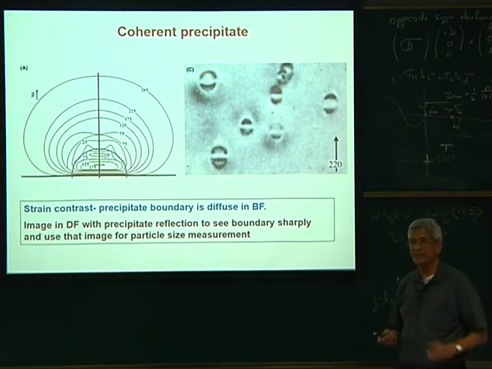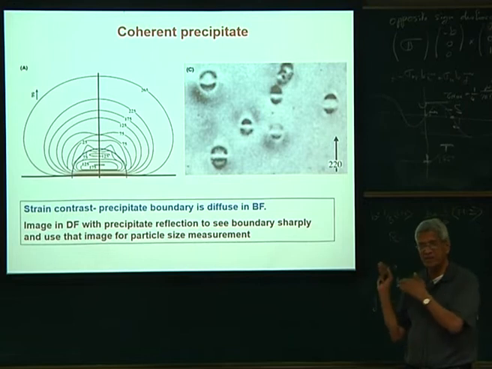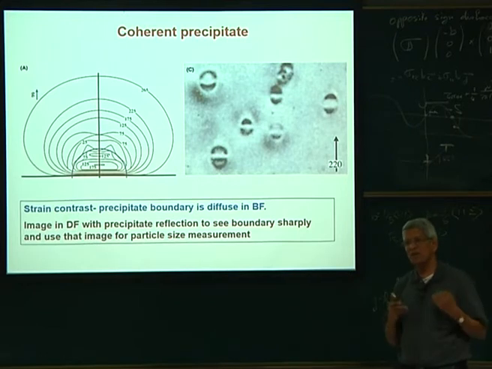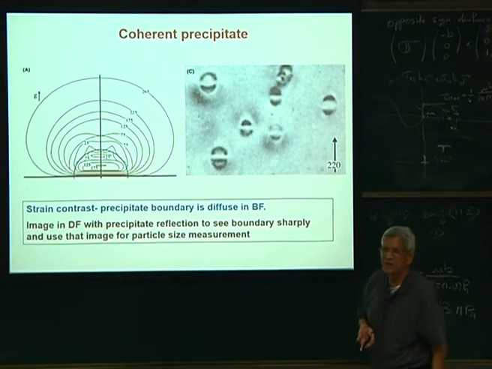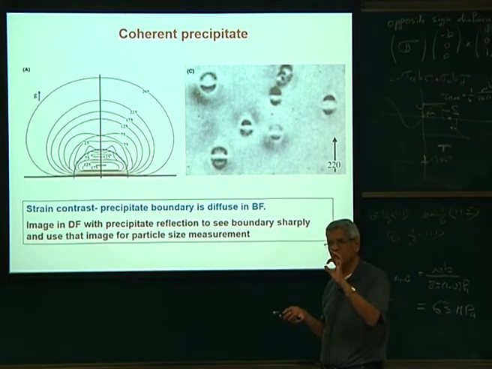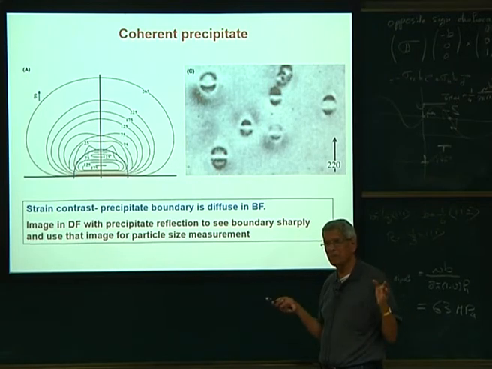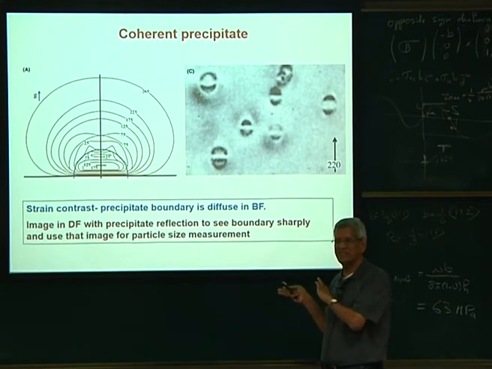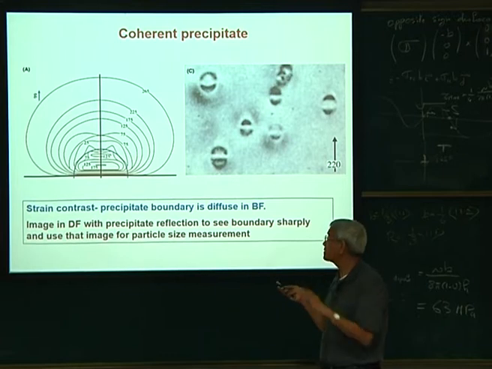It is like a coffee bean type of contrast. Yesterday, Fivel showed it for a loop. Here also you get the same type of contrast, because whenever a strain field is associated, whether with a circular dislocation or anywhere else, a similar contrast will arise in both cases.